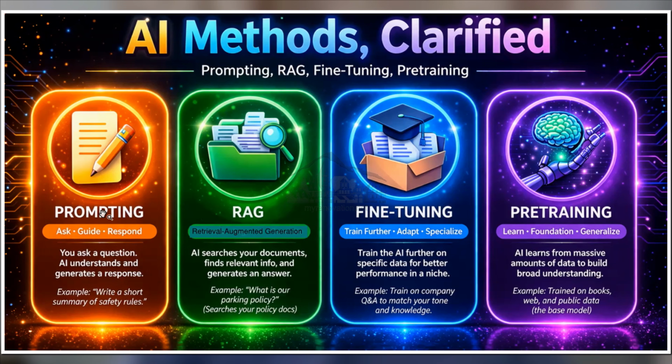Number 1 is prompting. Very simple, and that's what most of us are using. You ask the model a question, and the AI understands your question and provides you with a response. Example: write a short summary of safety rules.